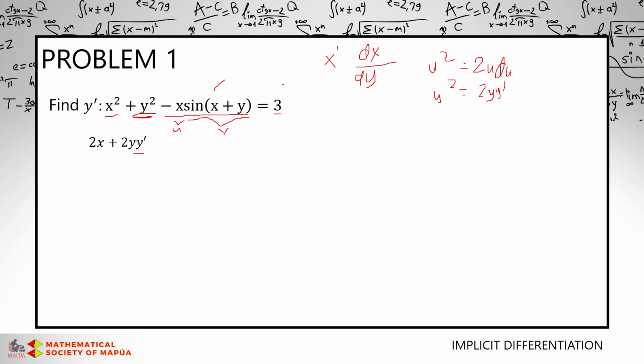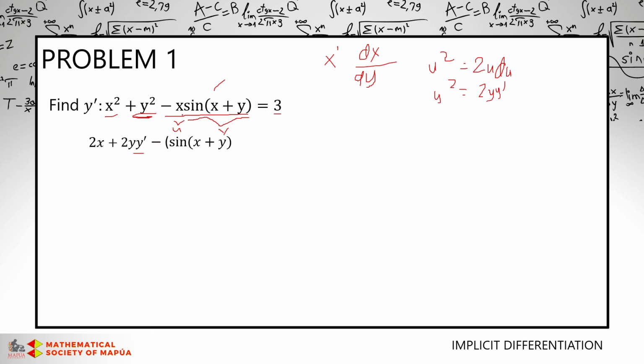Kung naalala nyo, it's actually u dv plus v du, or the first term multiplied by, ay sorry, baliktad yung ginawa ko pala dito. So, okay lang naman yun. v du plus u dv. So, the derivative of the first term times the second term plus the first term times the derivative of the second term. So, ito yung unang term natin. Tandaan nyo guys, negative siya. So, kailangan nakaparenthesis yung negative sign.